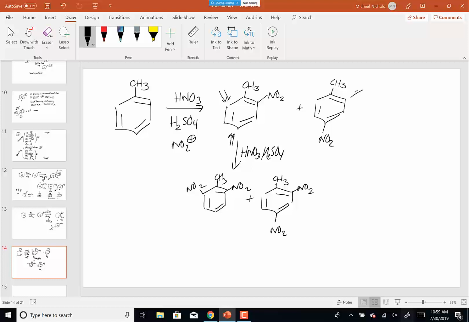Methyl directs ortho to itself, nitro directs meta to itself, and so in this case, if I add a second HNO3, H2SO4 to this, then I'm going to end up with a nitro group on either one of those two positions, but that's the same product. Those would all be 1, 2, 4 tri-substituted. So whether it adds to the left or right in the ortho position to the methyl group, I get the same product.